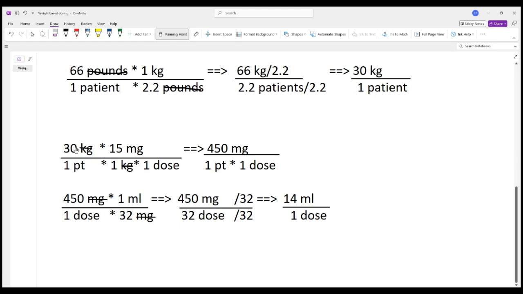And so 15 times 30 is 450. 450 what? No, you don't have to guess, right? The unit is up top, milligrams, all right? So 1 patient times 1 is 1 patient, right? Times 1 dose is 1 dose. So yeah, this patient is getting 450 milligrams for 1 dose.